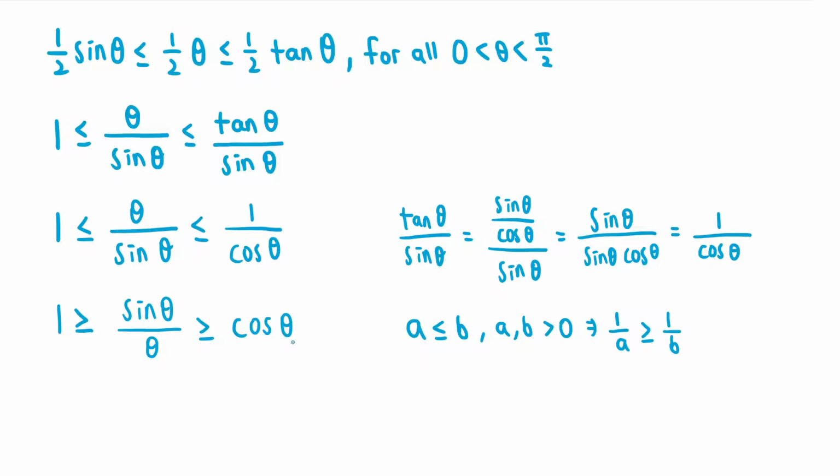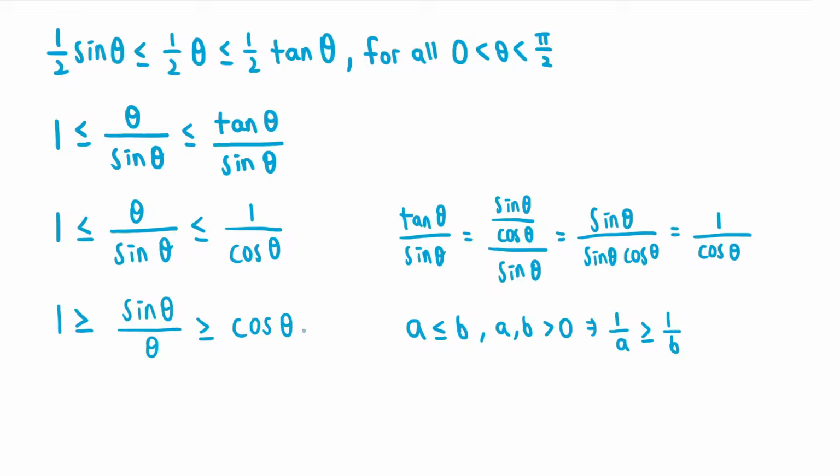Since we're taking the reciprocal of positive values, we can use the property that if a is less than or equal to b, and a and b are both greater than 0, then 1 over a is greater than or equal to 1 over b, which is why we need to flip the inequality signs. So the inequality becomes 1 greater than or equal to sine of theta over theta greater than or equal to cosine of theta. What we're really doing here is applying this property twice for the inequality we have.